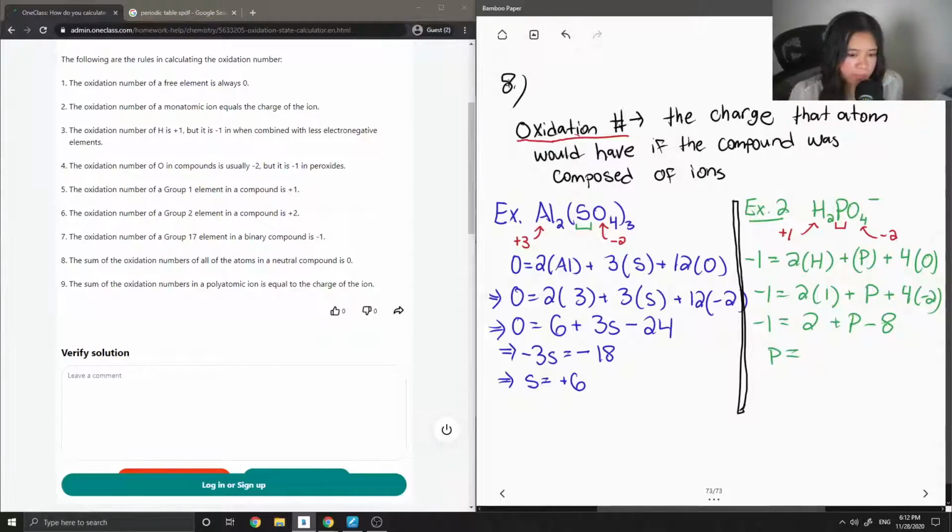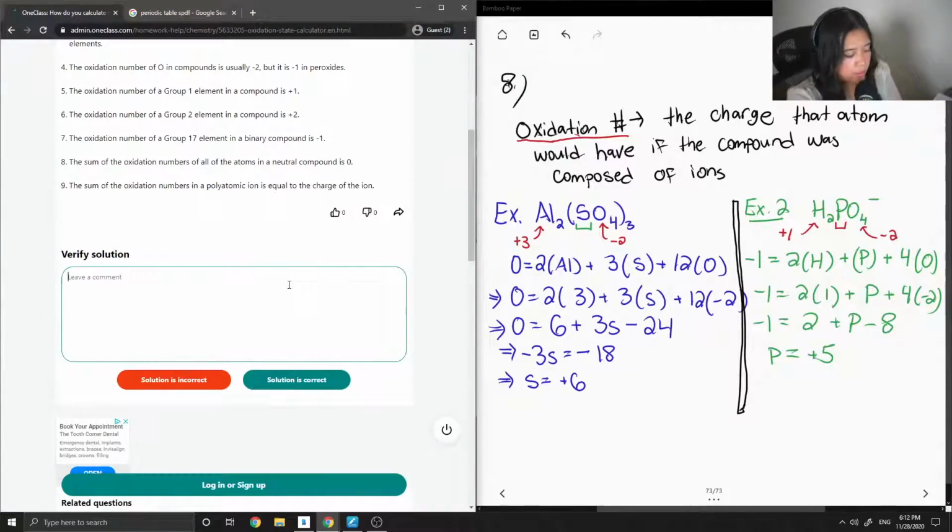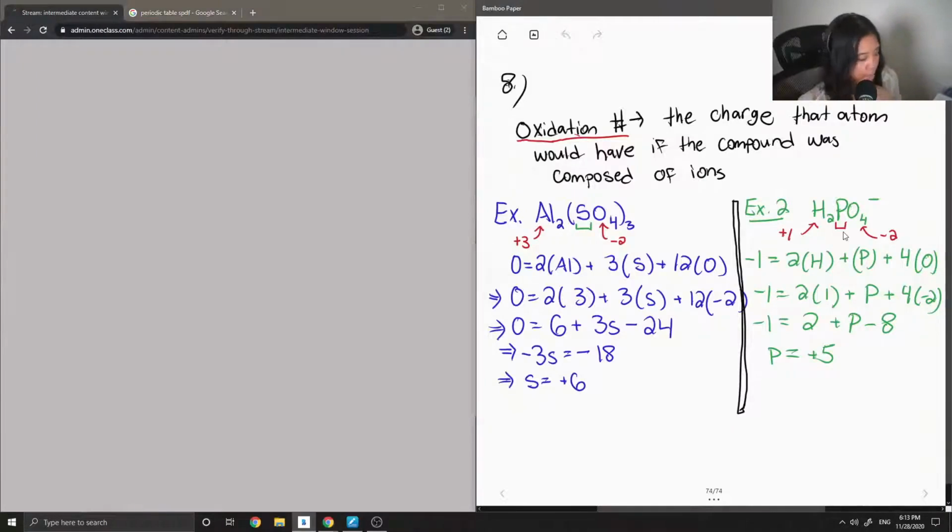So we end up with an oxidation number of +5 for phosphorus. Okay, so those are just some examples of how you would calculate the oxidation number. And I'll just say for the Junior Tutor, this solution is correct. They gave all of the rules on how we would solve for it.